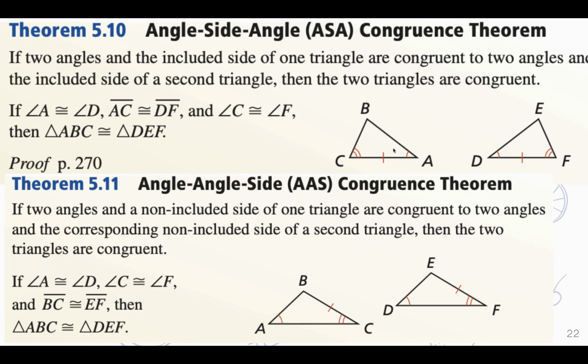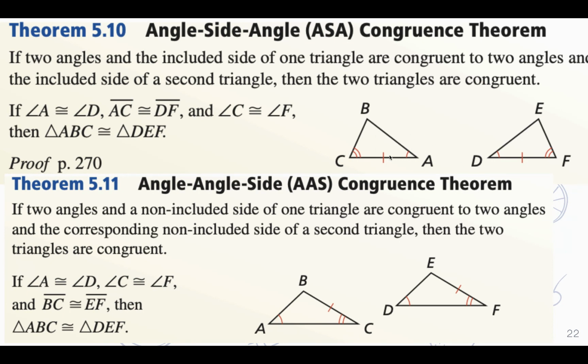Okay, so the side is the included side. It's the included side. Okay, so it could have been this angle and this angle on this side, or this angle and this angle on this side, but in this case, it's these two angles and the included side. Okay, so this is ASA.